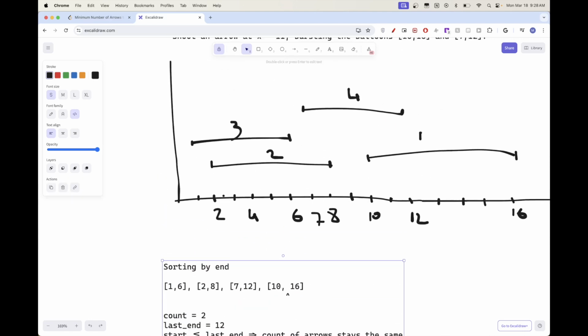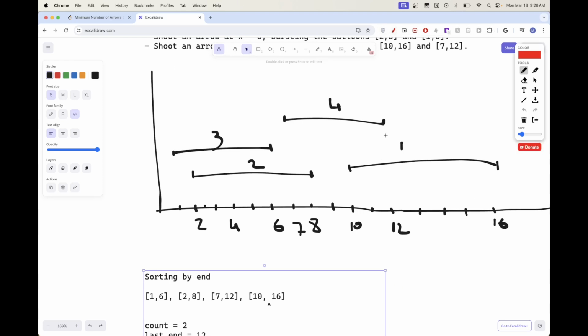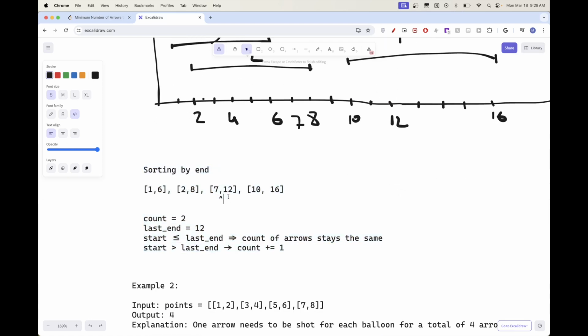So that means there is an intersection, so one arrow at the end of this one can cover both. And so that means we don't need to increment. We keep going. And that's pretty much it. You can try it on other examples, but this approach should work on all of them.